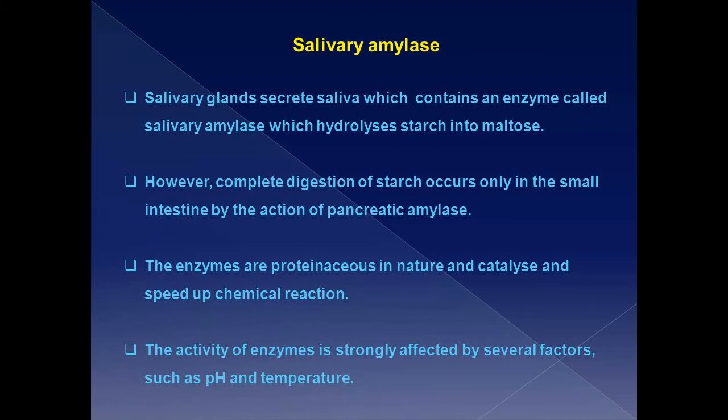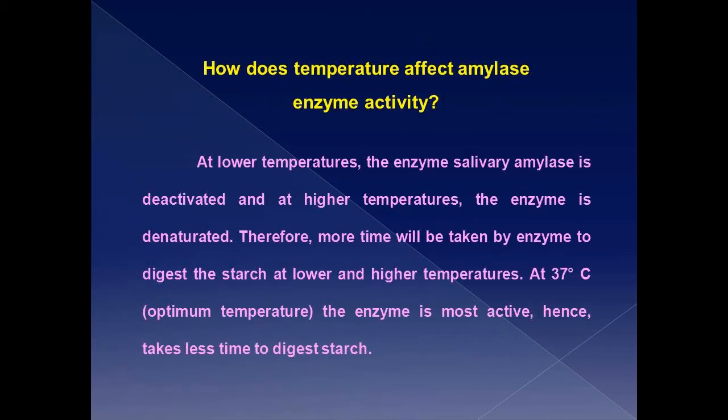The enzymes are proteinaceous in nature and catalyze and speed up chemical reactions. The activity of enzymes is strongly affected by several factors such as pH and temperature. Next, let us see how temperature affects amylase enzyme activity.